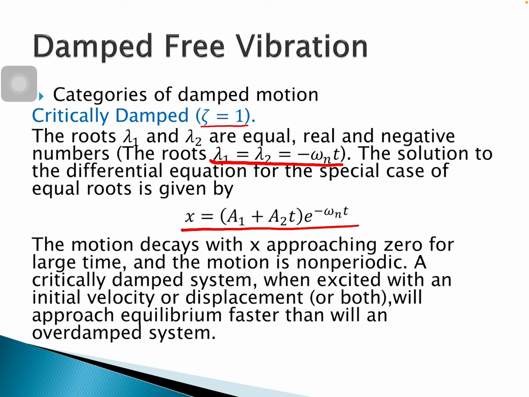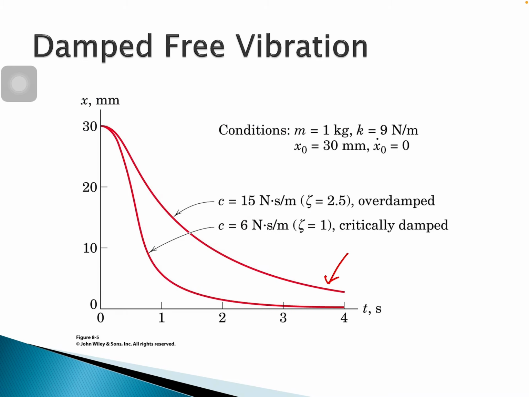A critically damped system, when excited with an initial velocity or displacement, or both, will approach equilibrium faster than an overdamped system. This is the fastest the motion can be damped for a particular system.